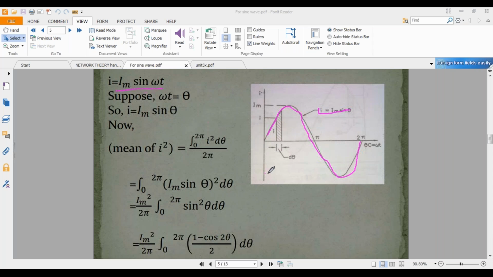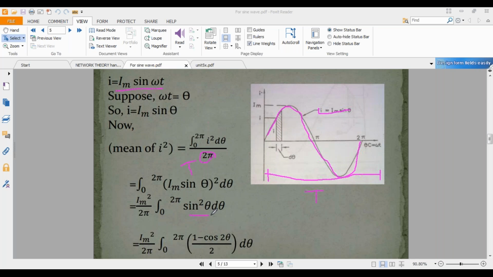Here the width of this curve, the time period T, is equal to 2 pi. The limits of integration for the total area are 0 to 2 pi, and 1 by T is 1 by 2 pi, of i square d theta. Here i square is equal to Im square sin square theta.